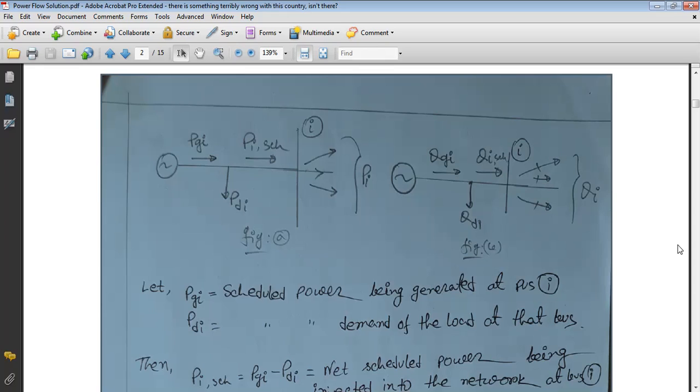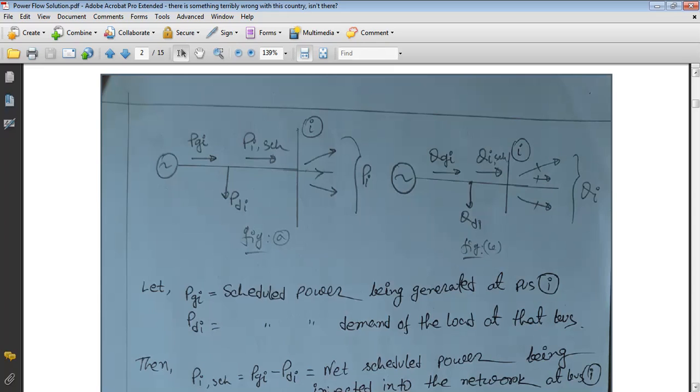We want to know how much power is being generated from a particular generator, how much power is consumed by the load, and what the line losses are, because some power is lost due to the resistance or reactance.